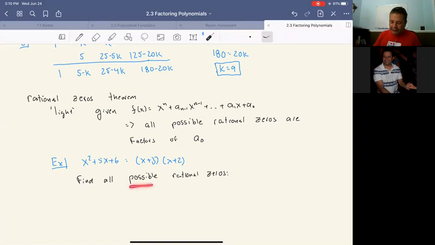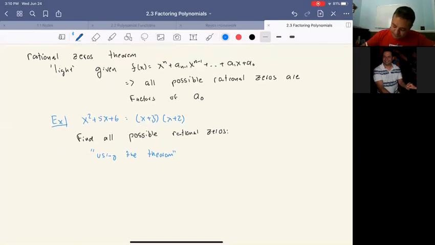Okay, we don't have all the factors. We have them here, but we don't have them yet. So we're just going to do it using the theorem. It's going to be the factors of 6.